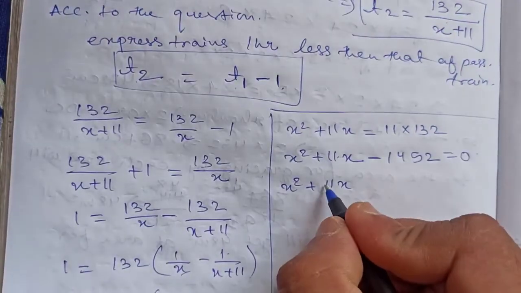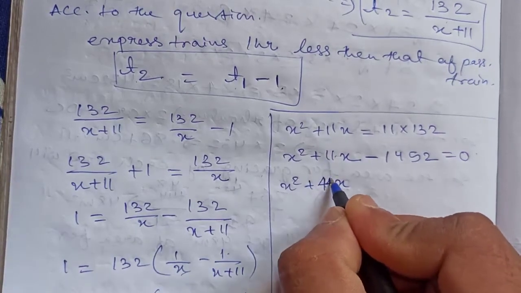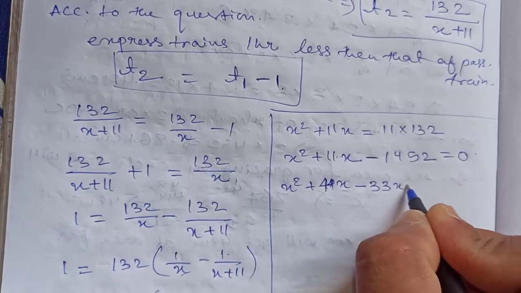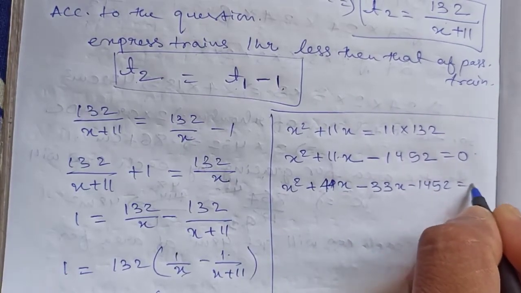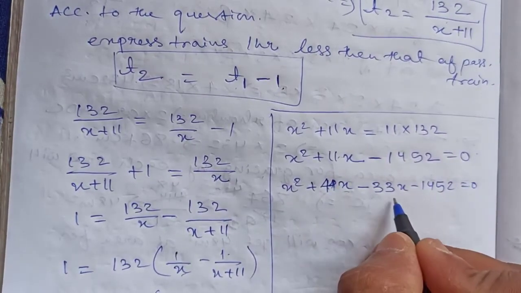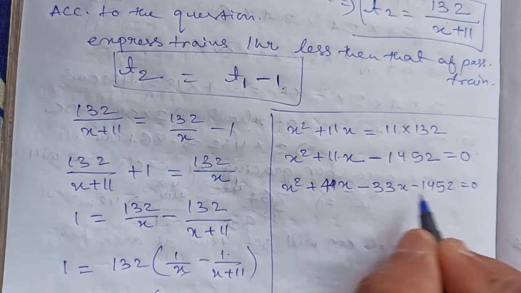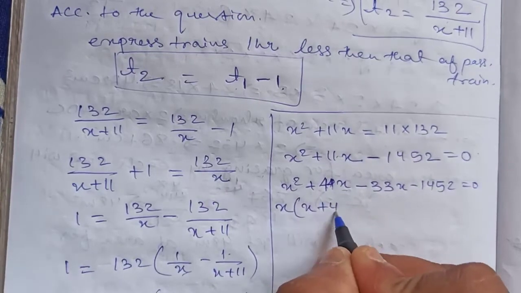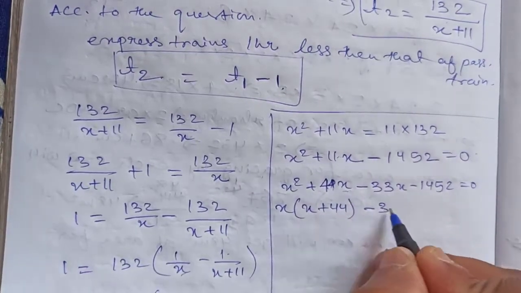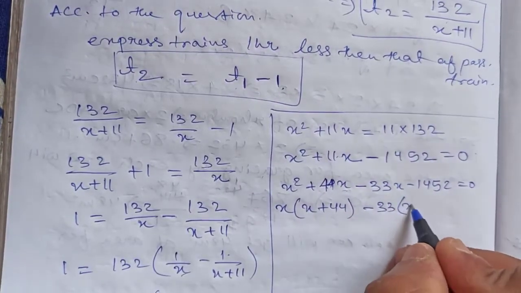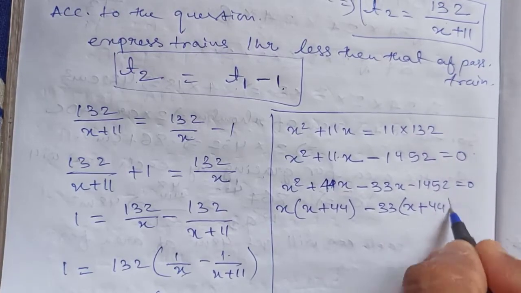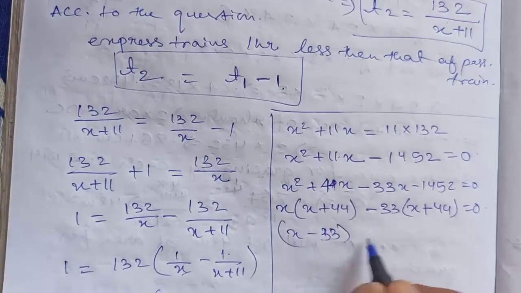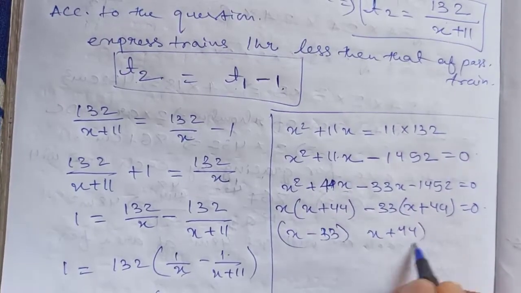Now by splitting the middle term, we will get x square plus 44x minus 33x minus 1452 equals to 0. The subtraction of 44 and 33 is 11 and their multiplication is 1452. Take out x common from first two, x plus 44 minus take out 33 common from second, x plus 44 equals to 0. So the two terms are x minus 33 and x plus 44 equals to 0.